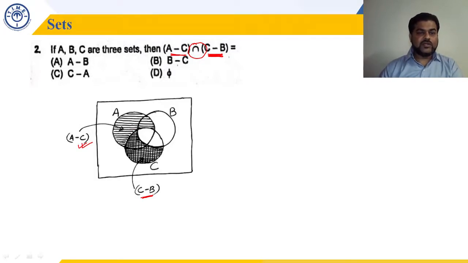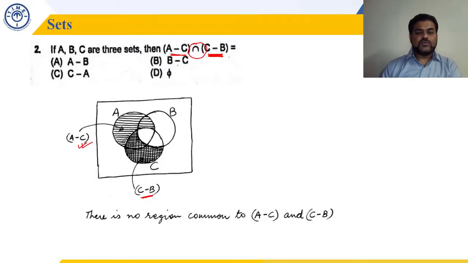As you will see, in the horizontal shading and in the crisscross shading, there is nothing which is common. So that means there is no common region, which means the intersection is a null set. So the answer is a null set, it is option 5.